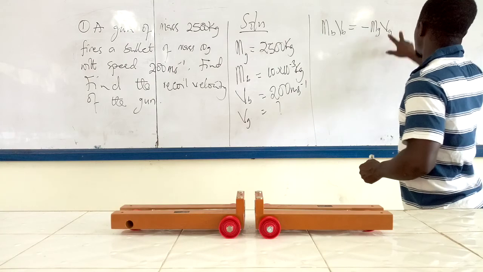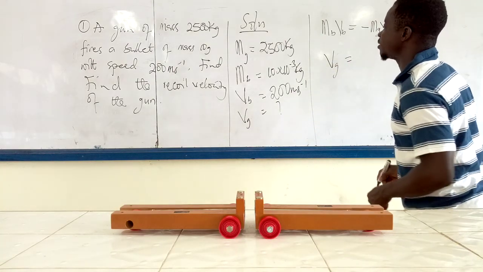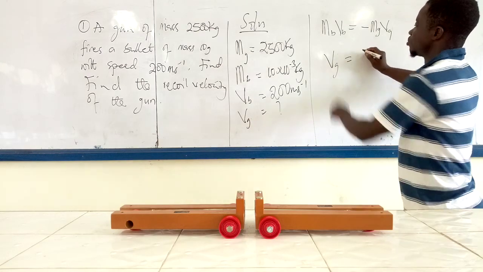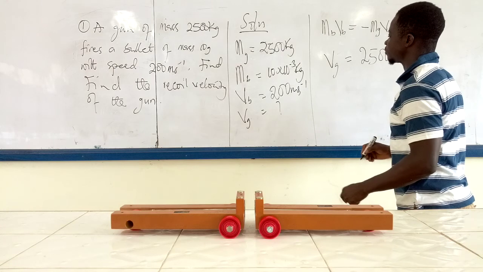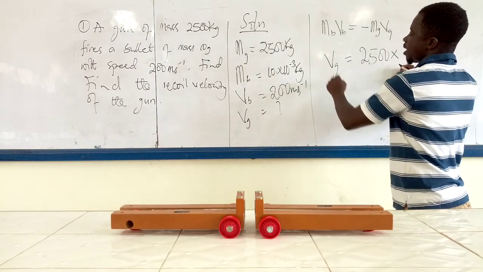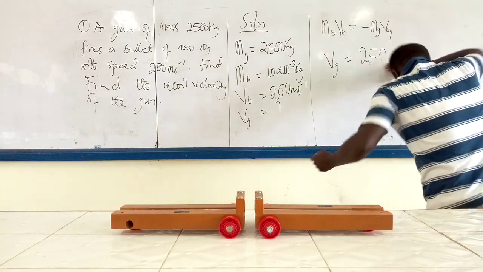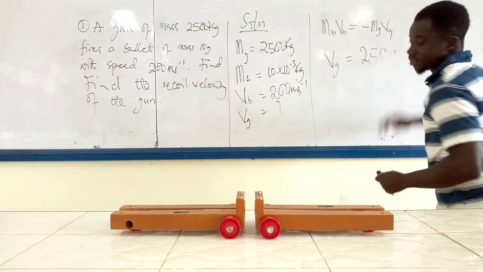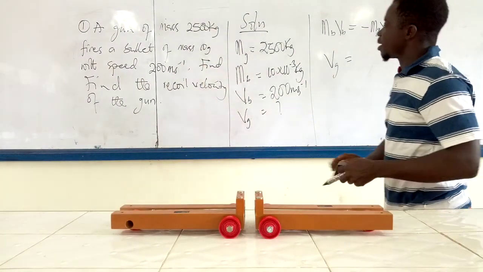What are we looking for? The velocity of the gun. So we say that Vg, the velocity of the gun, is equal to the mass of the bullet times 200 divided by 2,500. Sorry, the mass of the bullet is not 2,500, that's the mass of the gun.